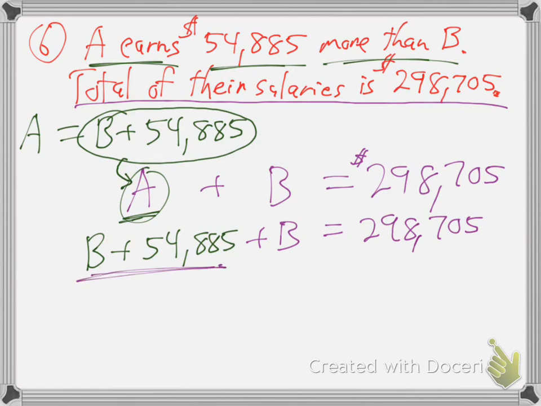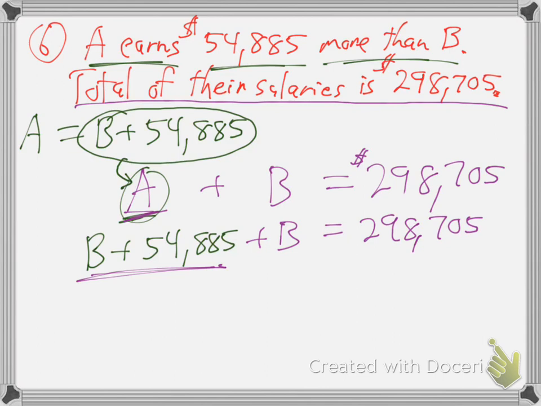So all of this was the plug-in from A. In the place of A, I put what A is: B plus 54,885. Now I have an equation that only has B, so I can solve just like you would for an X.